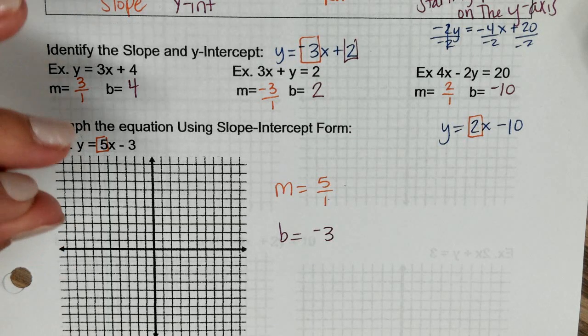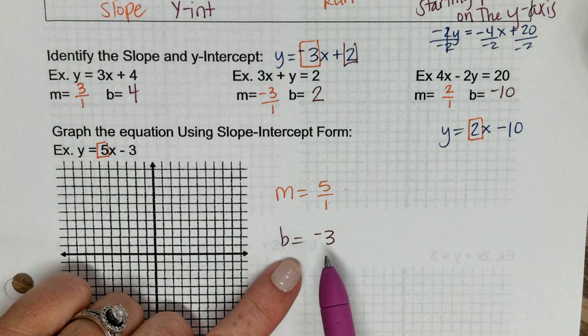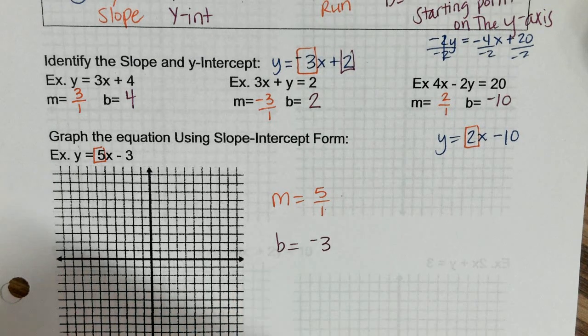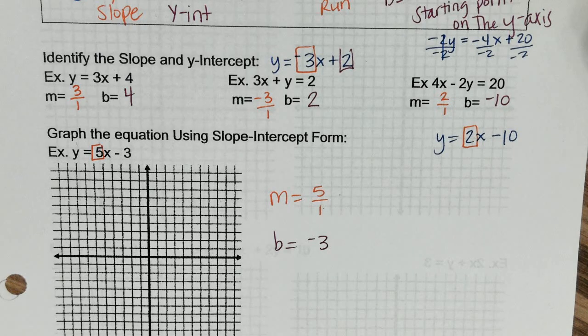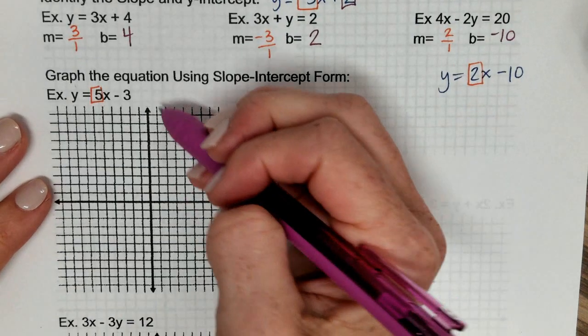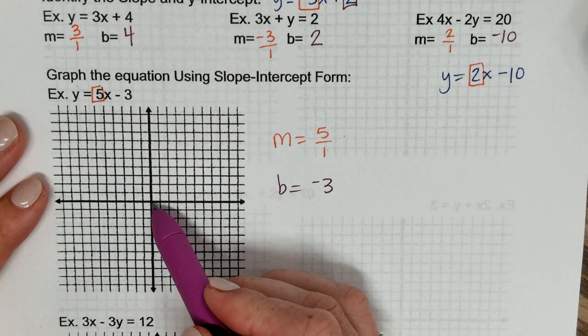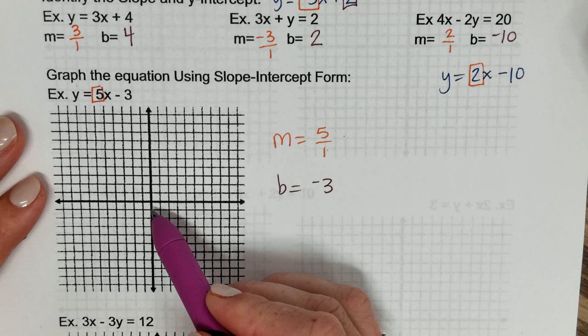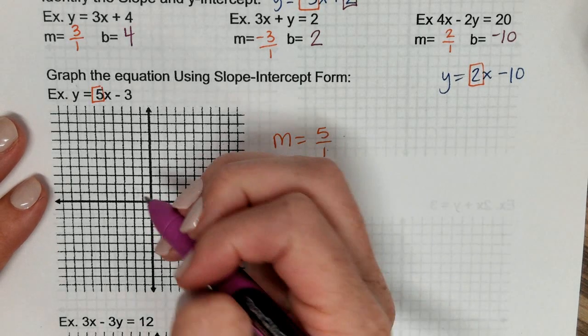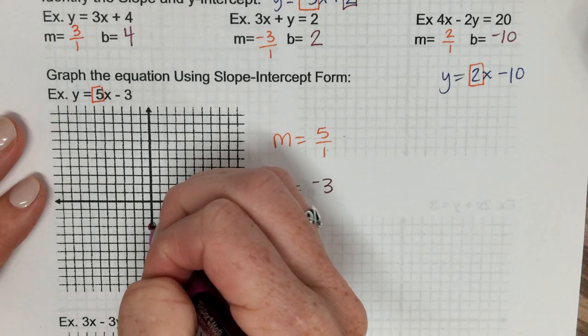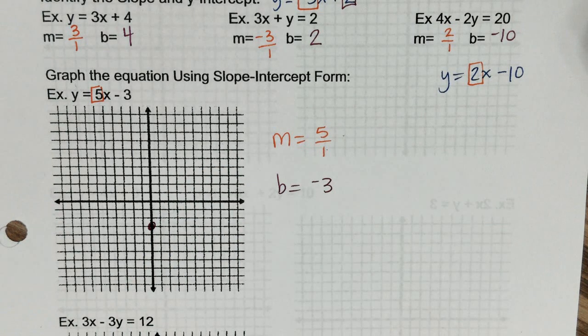To graph using slope y-intercept, you're going to start with the y-intercept. So we know that this line is touching the y-axis where? At negative 3. So on the y-axis, find 0 and go down to 3. 1, 2, 3. That is a point on this line. Does everybody agree?